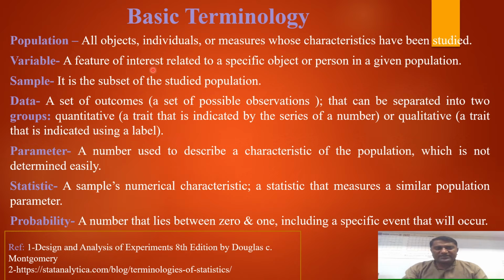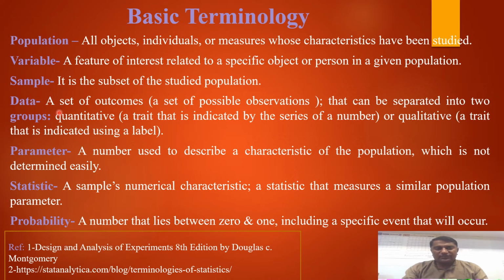A feature of interest related to a specific object or person in a given population. Sample is the subset of the studied population. Say you selected the dog population, but for the experiment you select only the German Shepherd breed. So this German Shepherd breed is the sample data.